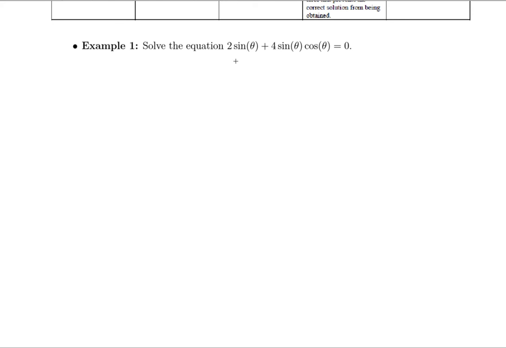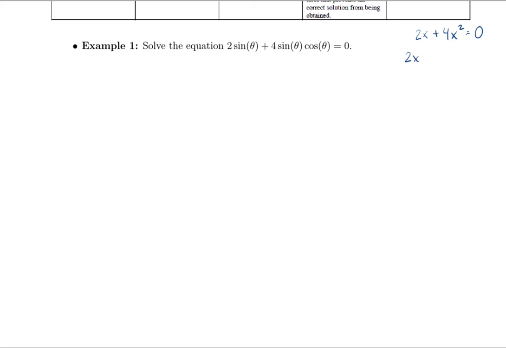Anytime I have something equal to 0, and just as an example here, let's say I have 2x plus 4x squared equals 0. One of the things I would notice here is that I have common factors between the two.